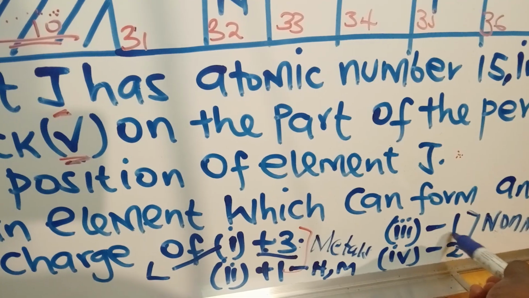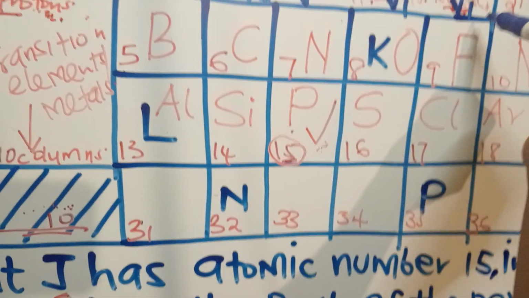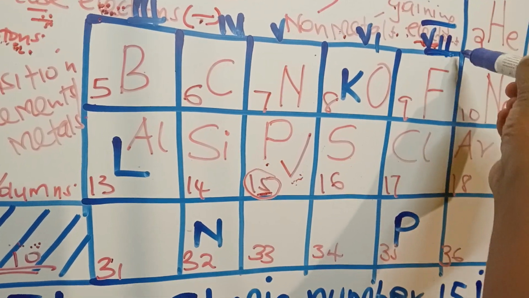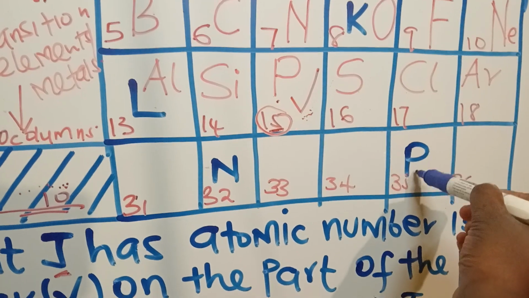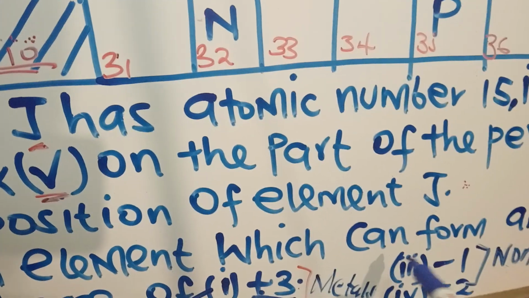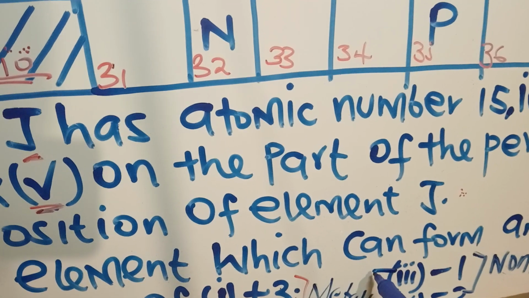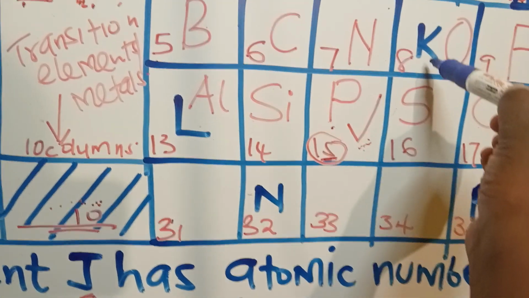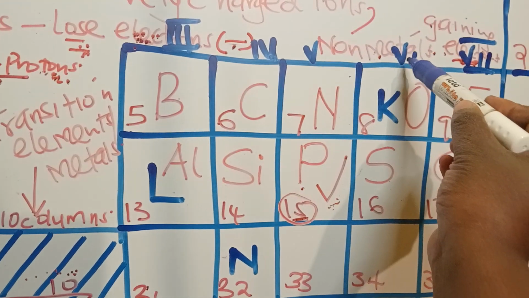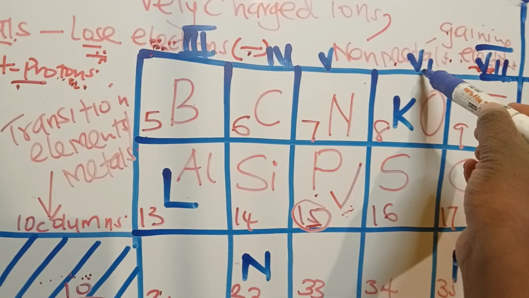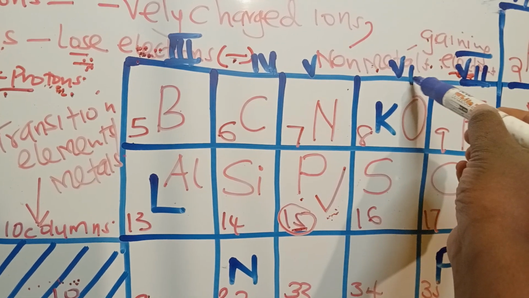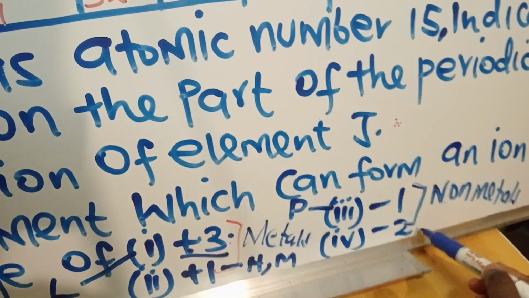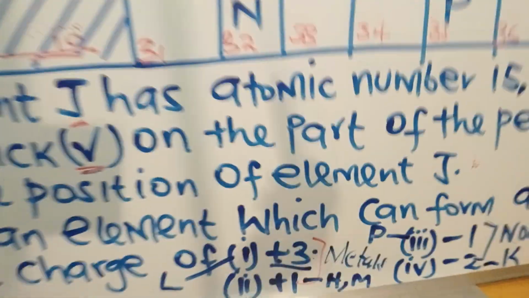If it is gaining 1 electron to become stable, it means it is in group 7, and if it is in group 7, the answer must be P. So this one with a -1 is element P. This one with a -2 must be in group 6, because elements in group 6 are the ones that require gaining 2 electrons to become stable. So there we have element K.